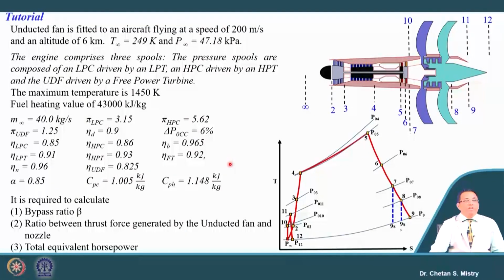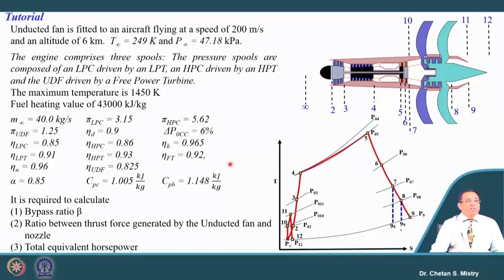The information available is: mass flow rate is 40 kg per second, LP compressor pressure ratio 3.15, HP compressor pressure ratio 5.62, pressure ratio of the unducted fan 1.25. The isentropic efficiency for the duct is 0.9. There will be a pressure drop of 6%.